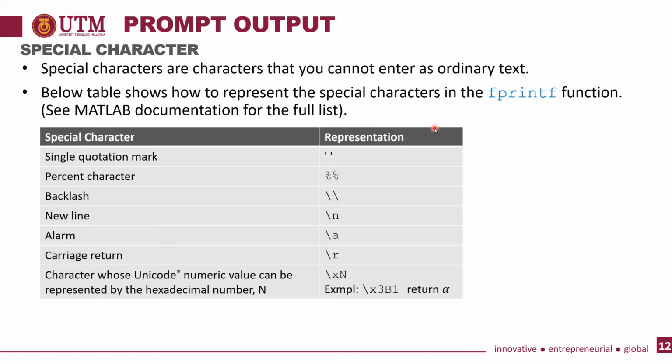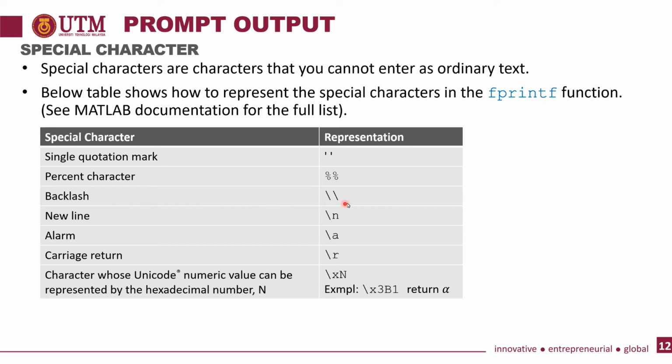If you wanted to see the full list, you can refer to the MATLAB documentation. For example, if you wanted to initialize a quotation mark, you need to put double quotation here. If you wanted to initialize the percent character, you need to put double percentage so that MATLAB is not confused with the placeholder.